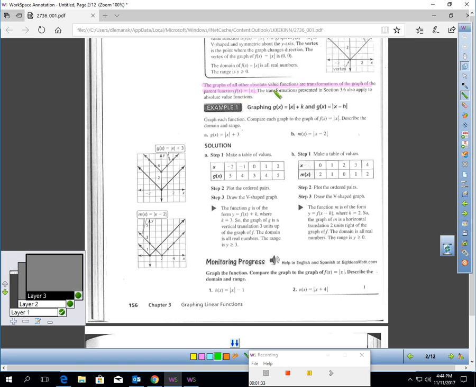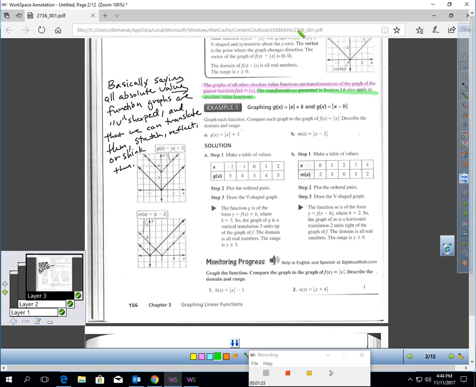The graphs of all other absolute value functions are transformations of the graph of the parent function f of x equals absolute value of x. And the transformations presented in lesson 3.6 also apply to absolute value functions. So you're going to see some of the things we applied in the last lesson reinforced today. Now, all this stuff I read, I'm going to try to simplify it into a quick statement here.